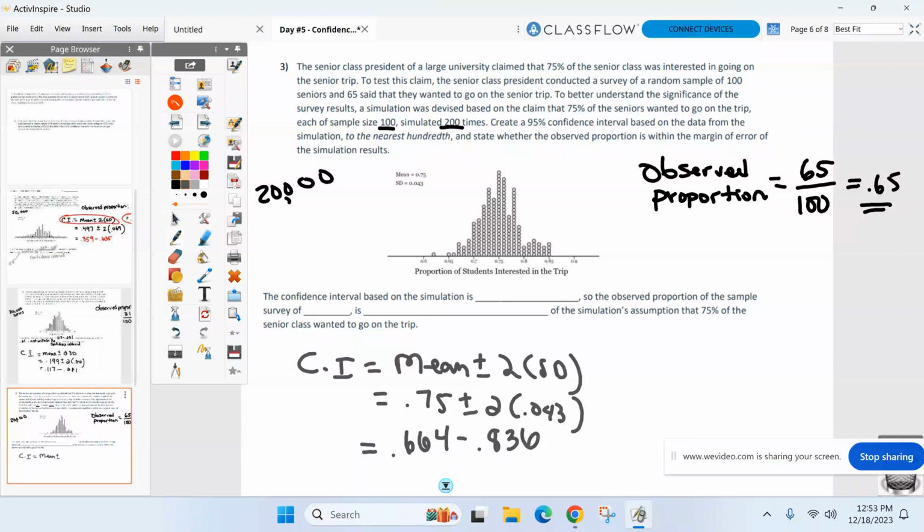Because we're predicting about 66% to about 84% want to go on that senior trip. That's why you just don't take your first one. You don't go out and sample 100 and say this is what everybody else thinks, because they don't, obviously. So if you haven't filled this in, go ahead. 0.664, 0.836. Proportion 0.65 is not within the confidence interval.